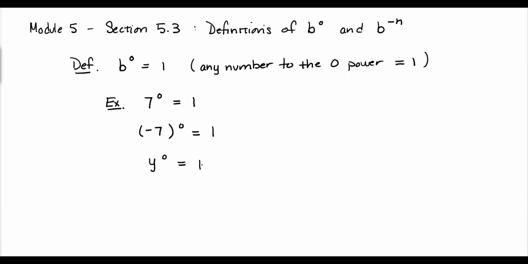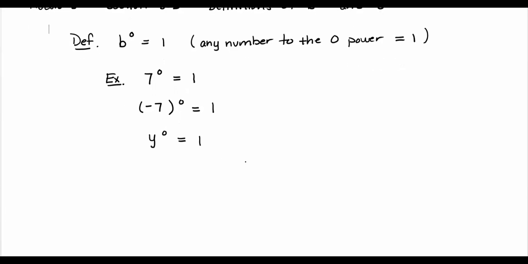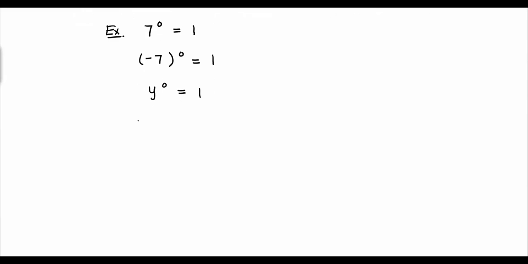Now, I'm going to introduce a little bit of a twist though. Let's say I have negative 5, in parentheses, to the 0, right? That equals 1. But if I have negative 5 to the 0 without the parentheses, that equals negative 1. So again, remember how we did this before? We said if it's not in the parentheses, it doesn't get included.